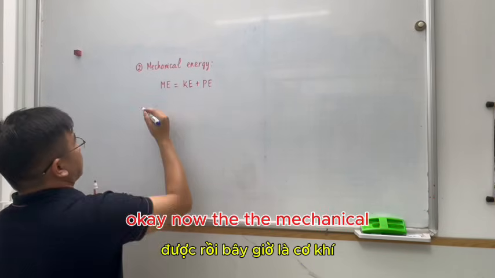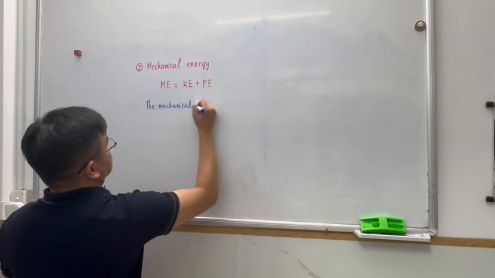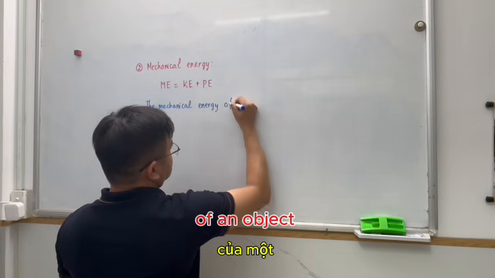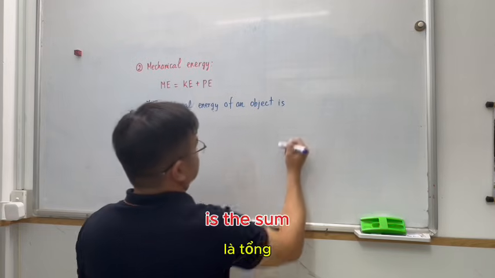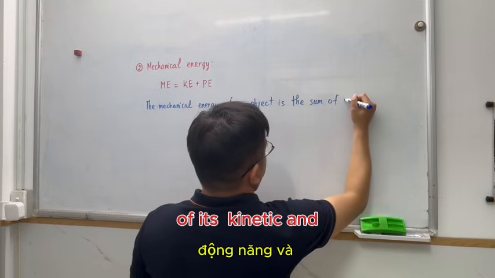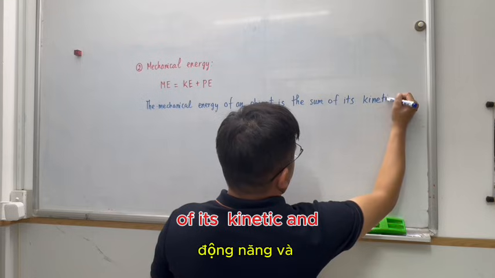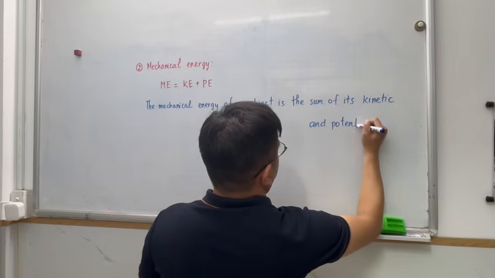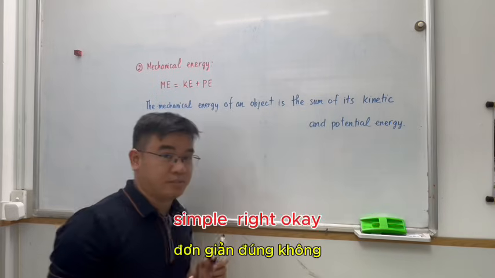Okay, now the mechanical energy of an object is the sum of its kinetic and potential energy, right?